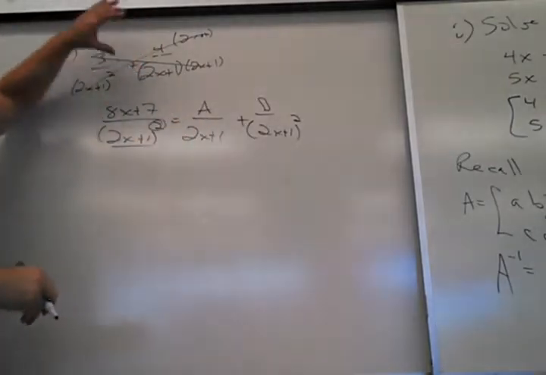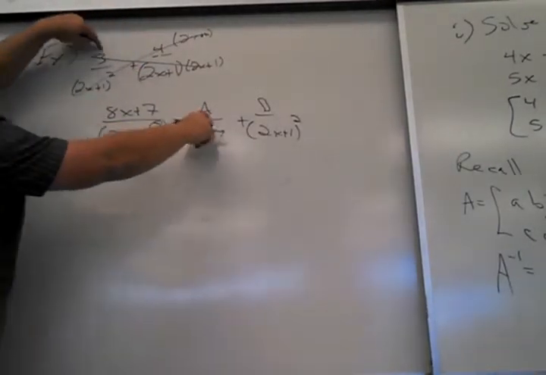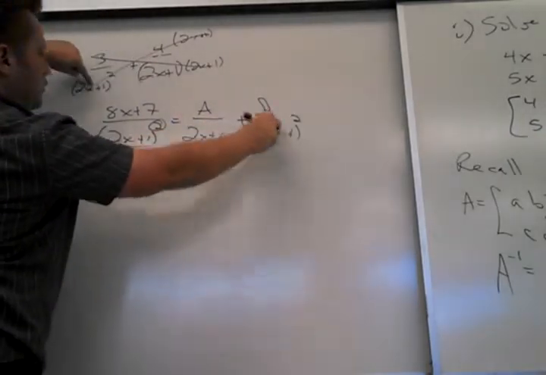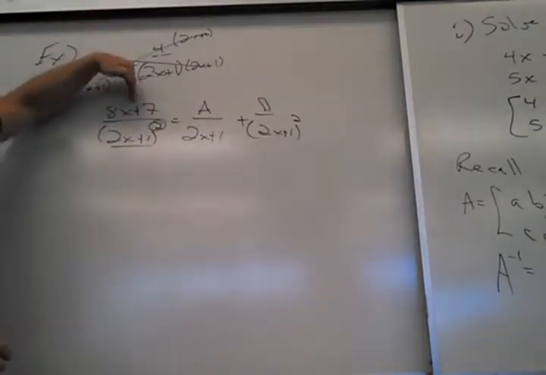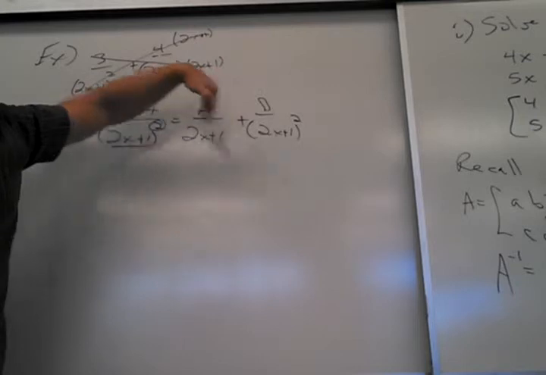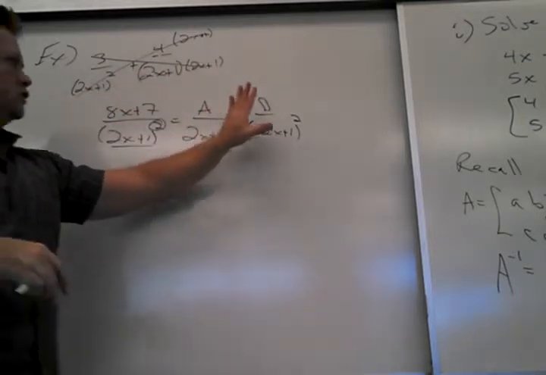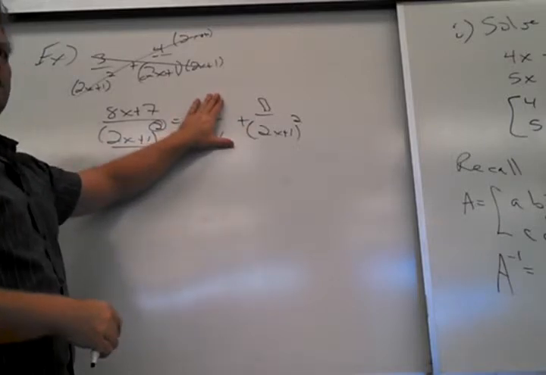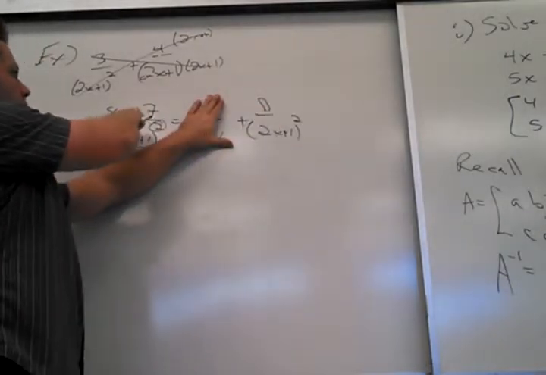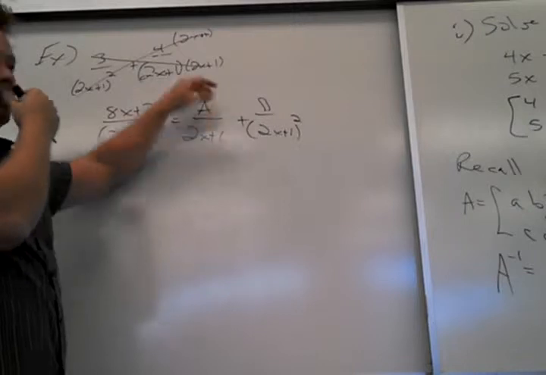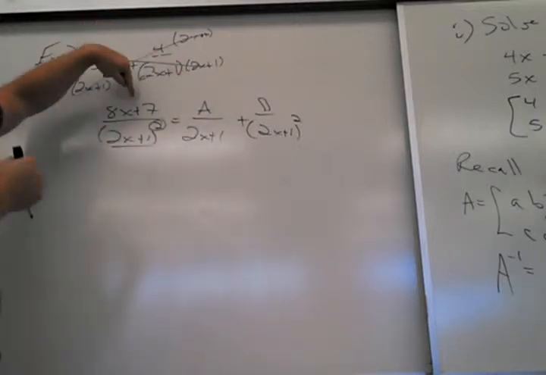In fact, we know this came from a number over 2x plus 1 plus a number over 2x plus 1 squared. But in general, whatever this is would have had to have come from this. Students will say, why do you need that piece? Well, because there's no way a number could equal 8x plus 7. You have to have this piece there for this to exist.